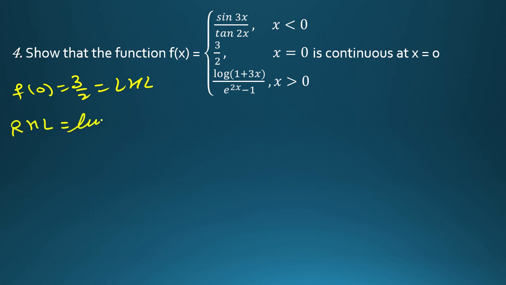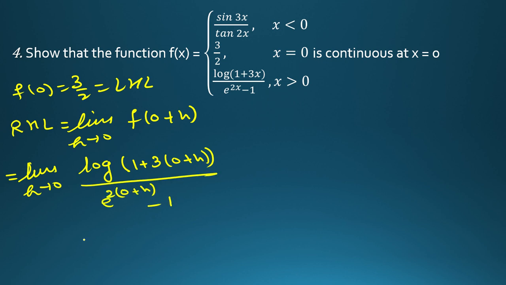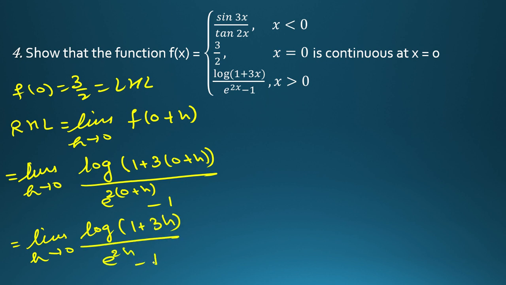RHL will be limit h tends to 0 of f(0 plus h), and it will be log of (1 plus 3 times (0 plus h)) over e to the power 2 times (0 plus h) minus 1, since 0 plus h means more than 0. So it is limit h tends to 0 of log of (1 plus 3h) upon e to the power 2h minus 1. Now here we are going to use two formulae.